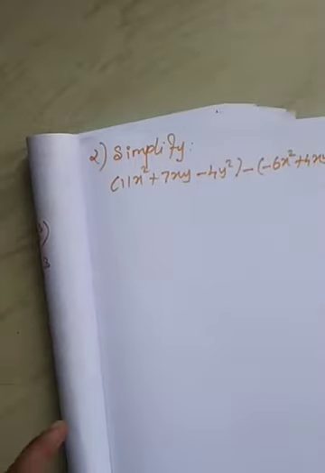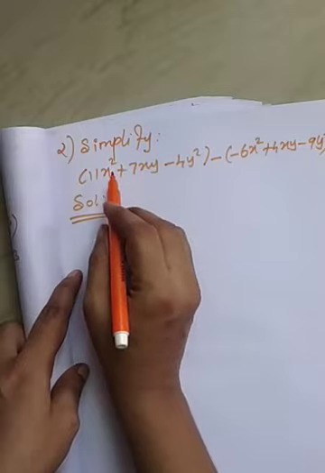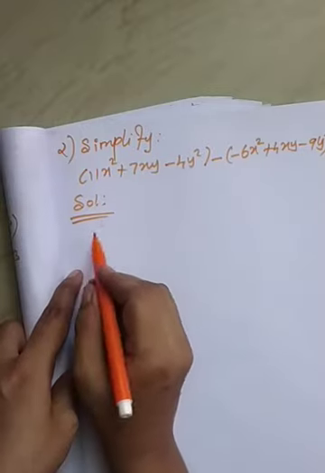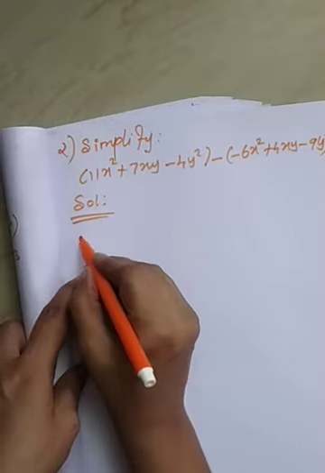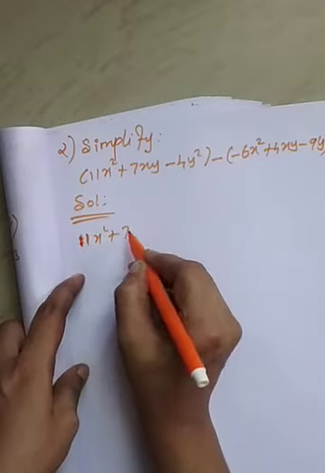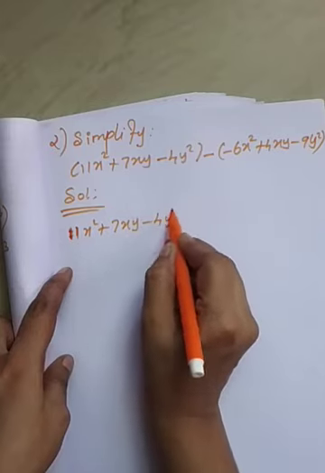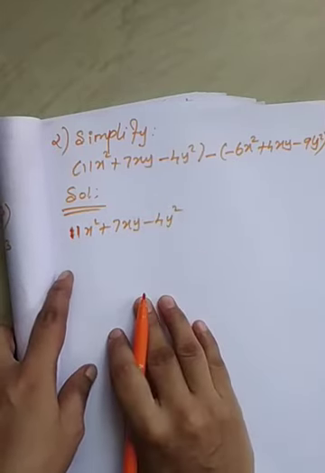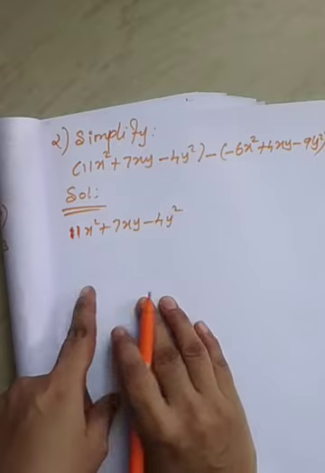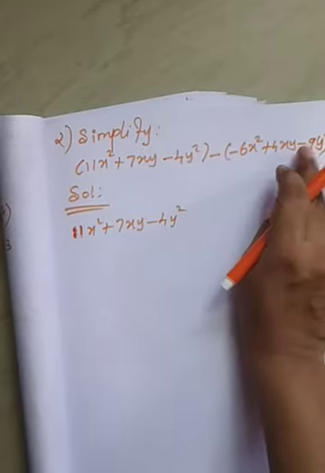Okay, this is the question. Everybody know this one, right? See here, the first expression you have to write. What is that? 11x squared plus 7xy minus 4y squared.